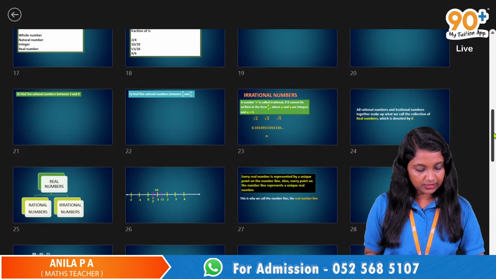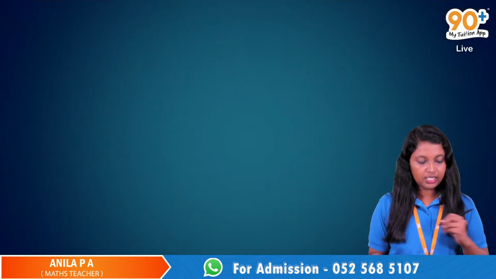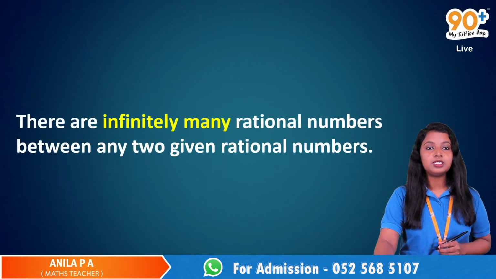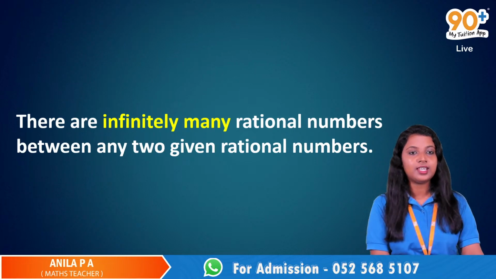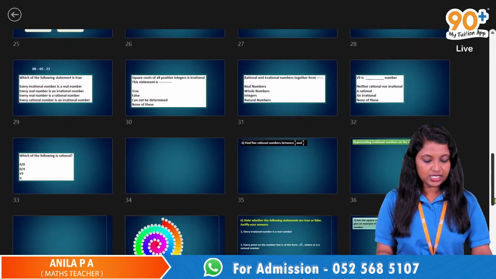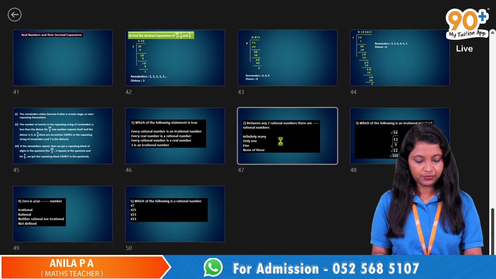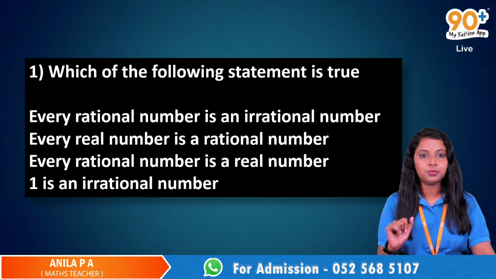Between any two rational numbers, there are infinitely many rational numbers between any two given rational numbers. We have seen this in previous classes. So the answer is infinitely many.